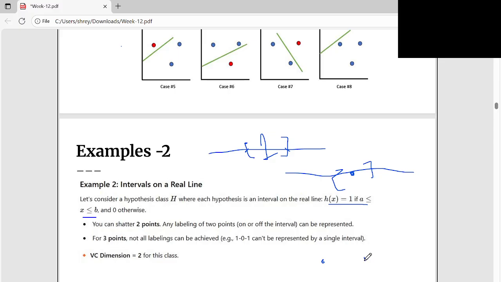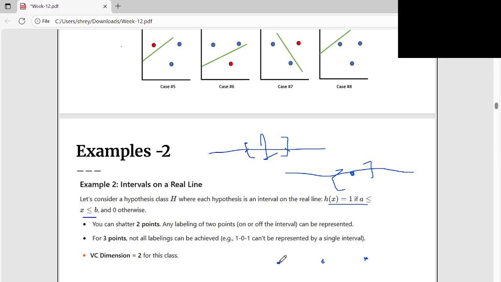If both the points are 1, then they should be inside the bracket. If both the points are 0, then they should be outside the brackets. And if one of the points is 1 and the other 0, then one point can be put inside the bracket and another one outside. It means 2 points can also be shattered, right? Can you tell me whether 3 points can be shattered or not?